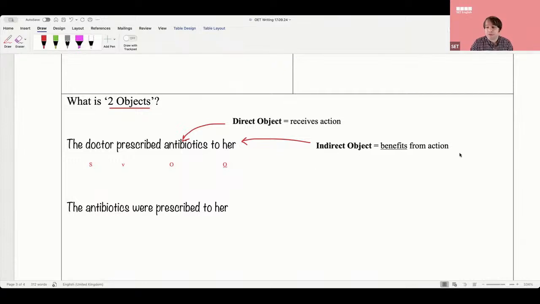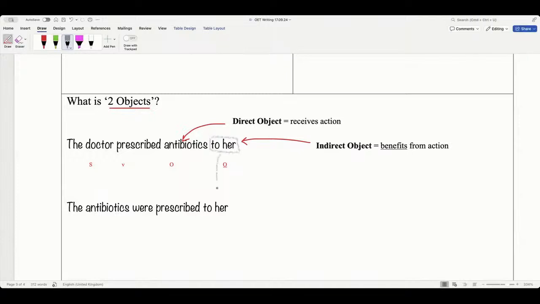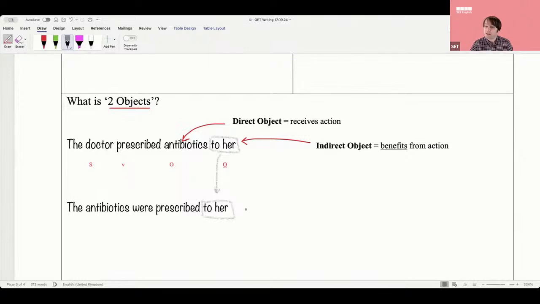What happens to the indirect object? Did I move it? No. Guys, it stays in the same place. So remember that it just stays in the same place. Now, can I start with the indirect object?